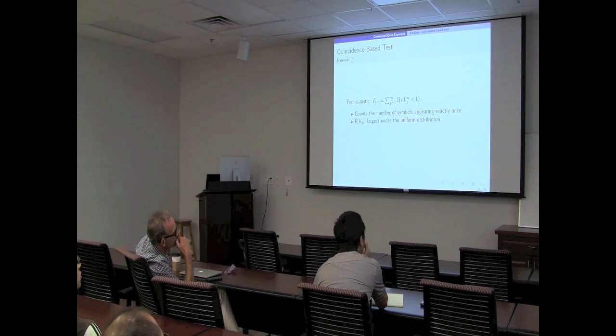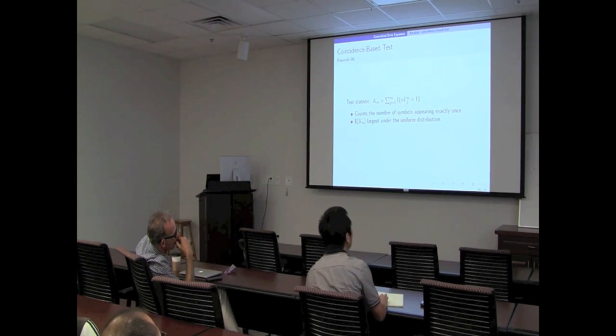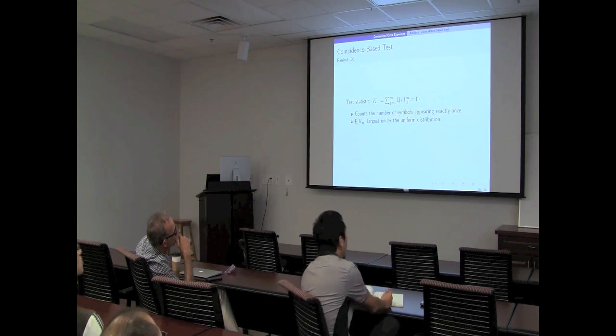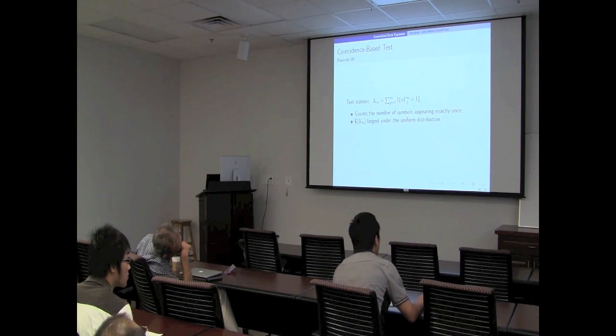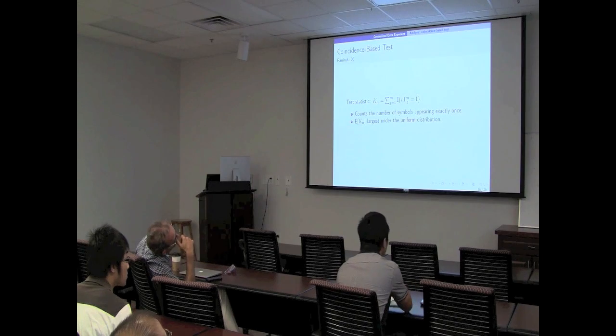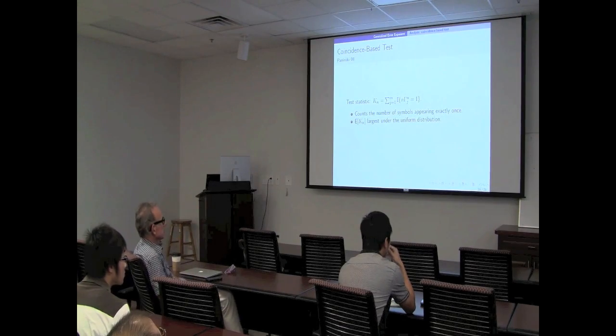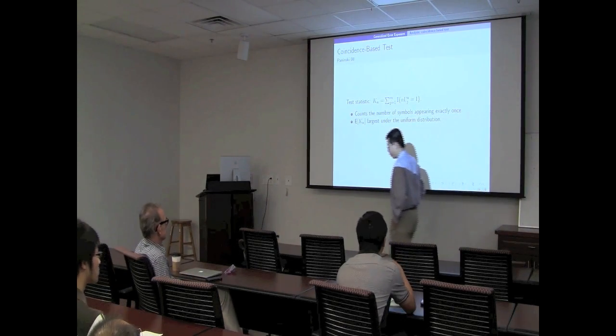Let's look at the i-th sample: if you see symbol j, then you count 1, and this is basically the empirical distribution, the frequency that symbol j appears. Or if you're familiar with histograms, that's basically the histogram.